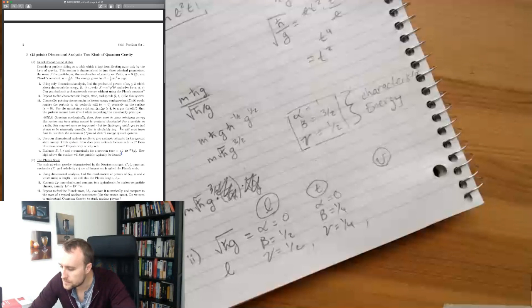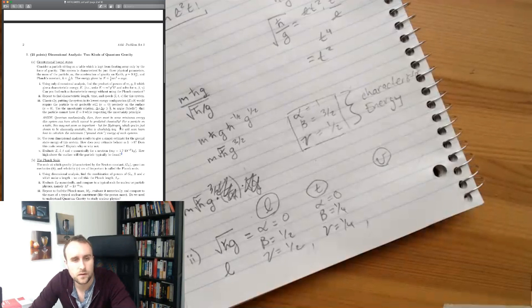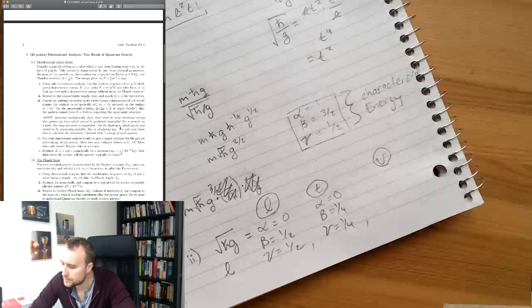How do we get length over time out of these constants? We multiply by time.